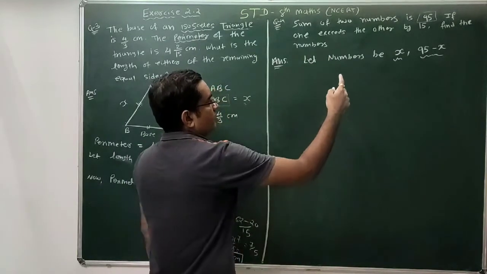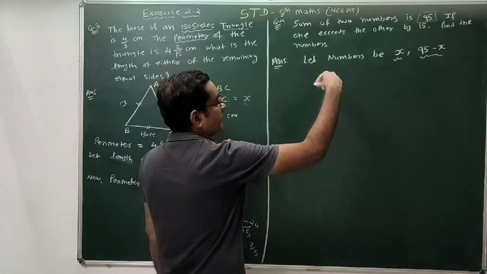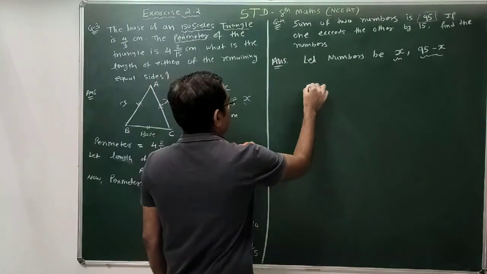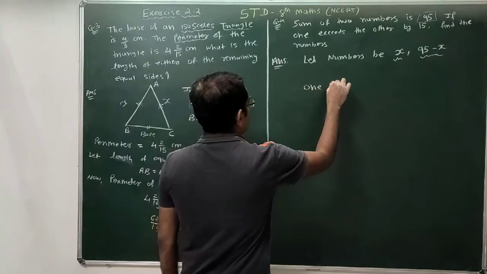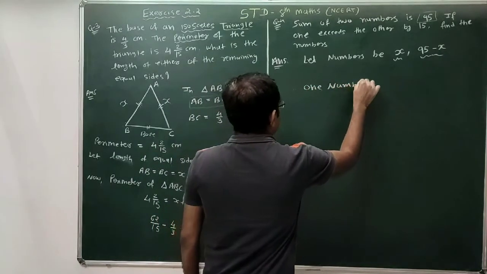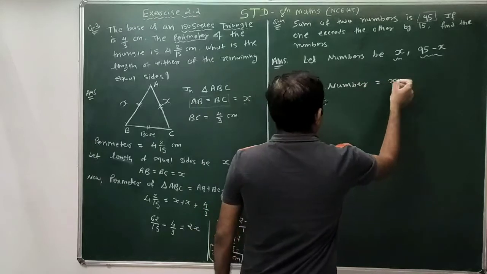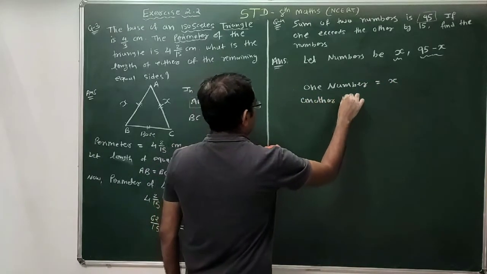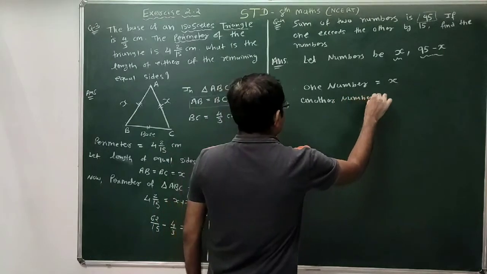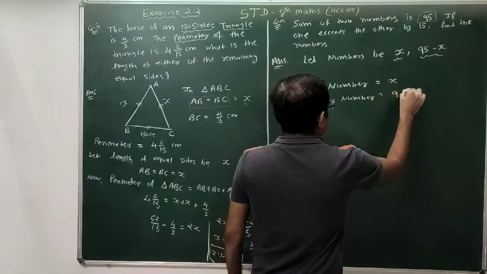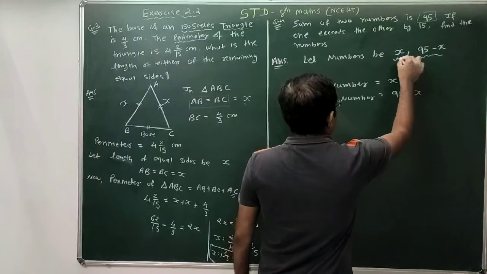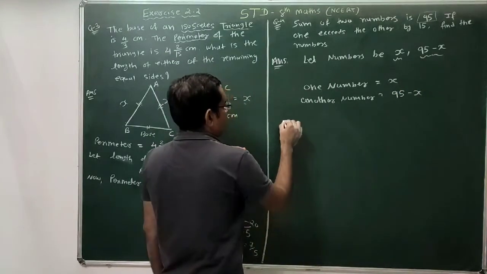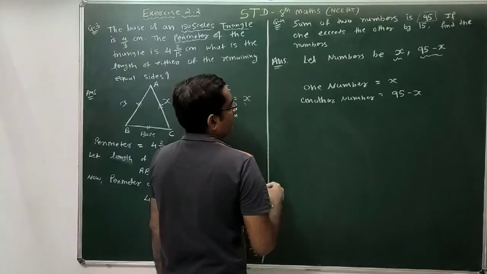That means one number is greater than another number by 15. So suppose one number is x and another number be 95 minus x. These are the two numbers. One number x exceeds another number by 15. So the difference is 15.